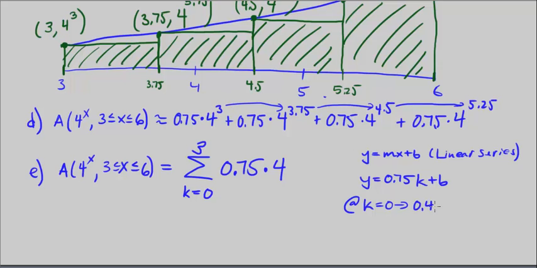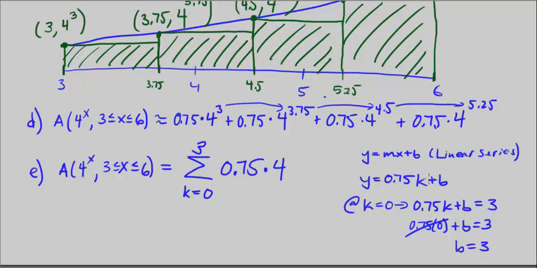So the expression 0.75 k plus b equals 3, at k being the first term. We know k is 0, so 0.75 times 0 plus b is equal to 3. 0 times 0.75 is 0, so b is equal to 3.